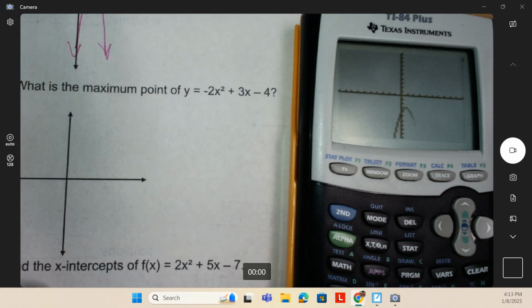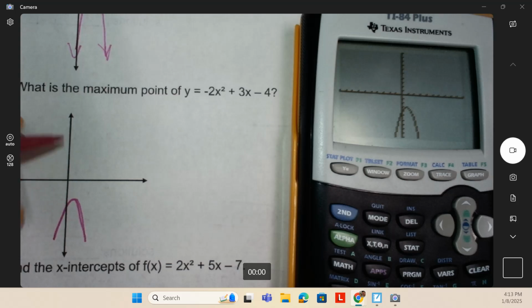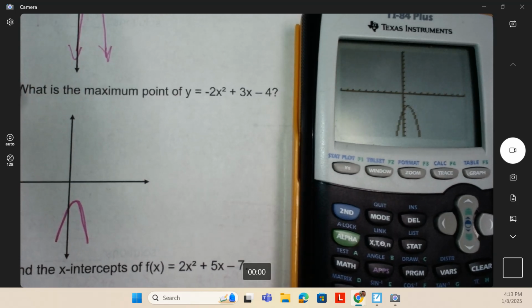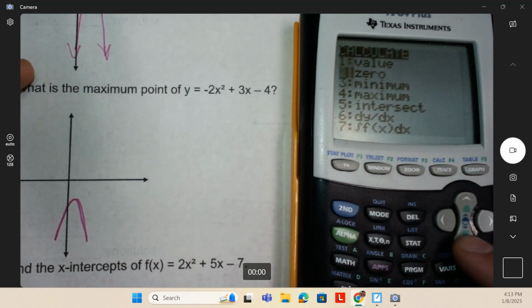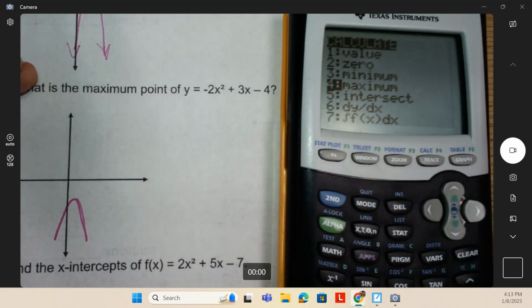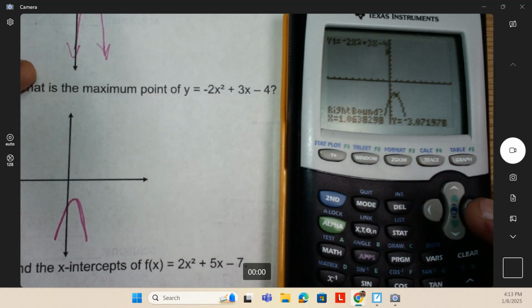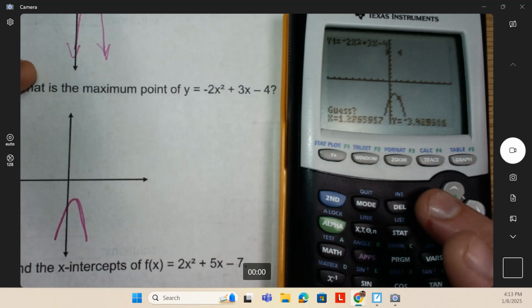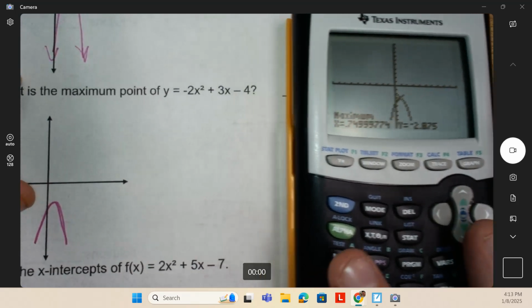Check our graph. So even though I don't have any zeros, it's just wanting to know the maximum point of this. So to find the maximum, second trace, and I've got a maximum there. All I'm going to have to do is this is the left of the maximum. That's to the right. That's my guess. And it finds this is the highest point.